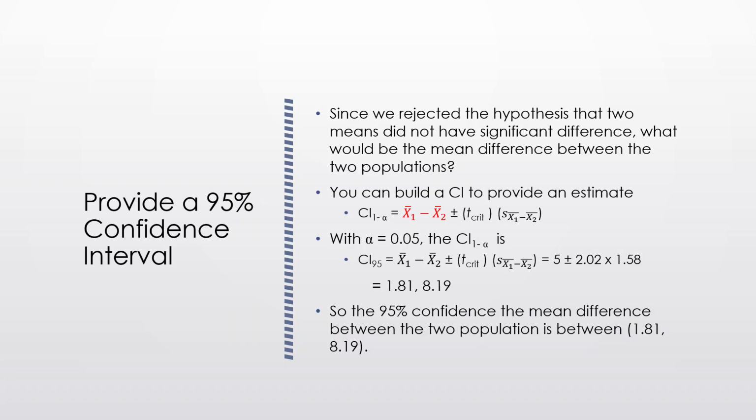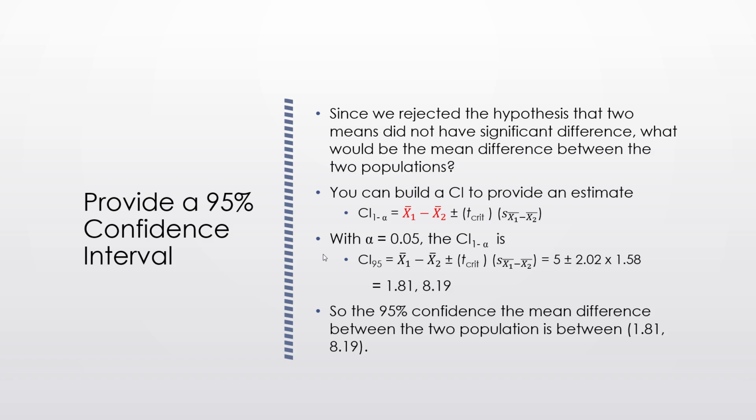Finally, we can follow the example from the one sample test to estimate the 95% confidence interval of the mean difference. A confidence interval provides an estimate of the range in which the true population mean difference is likely to fall. The confidence interval equals the mean difference from the samples plus or minus the critical t-value times the standard error.